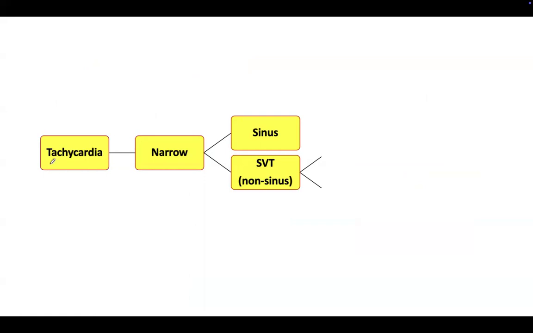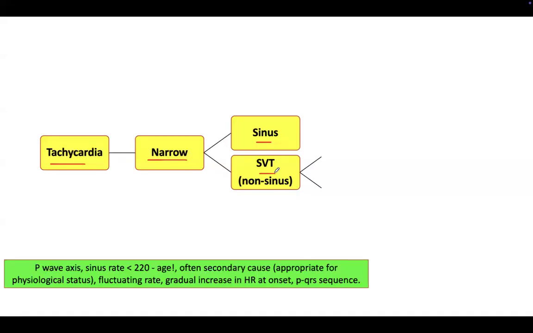Okay. So we talked about tachycardia being narrow, and then we said how to differentiate: you have only two differentials, it's either sinus tachycardia or SVT. And by the way, when defining sinus P waves, the P wave axis should be normal, like we said. Leads 1, 2, 3 and aVF should all be positive.